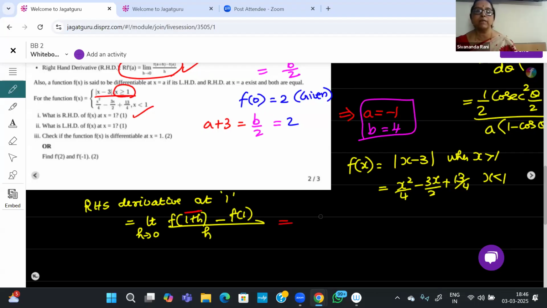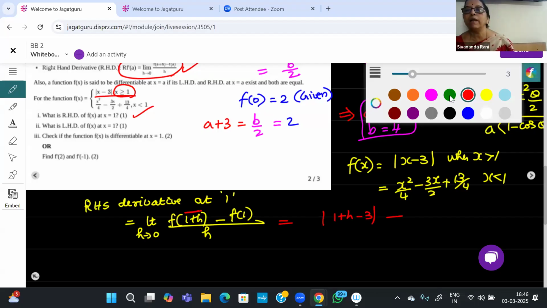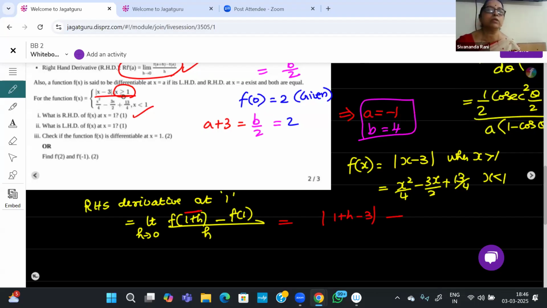So this is nothing but modulus of x minus 3. That is the definition, but instead of x, I should substitute 1 plus h. Did you do this? Oh, very good. Minus f of 1. F of 1, where will you substitute? Here only, no? X is equal to 1 is found here only. So here again, I have to substitute x as 1.